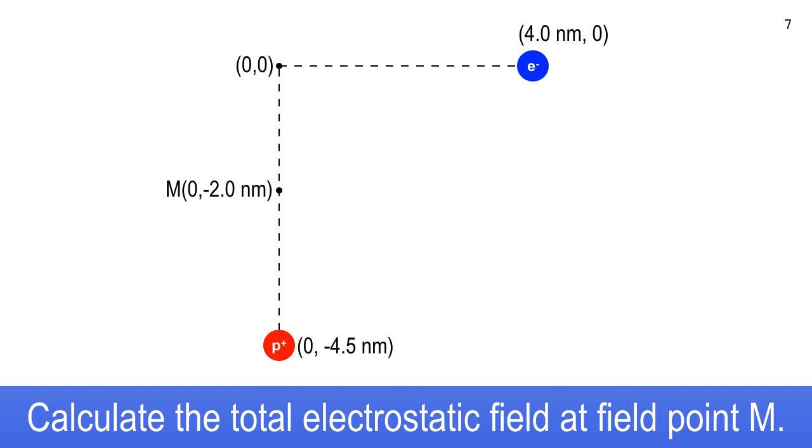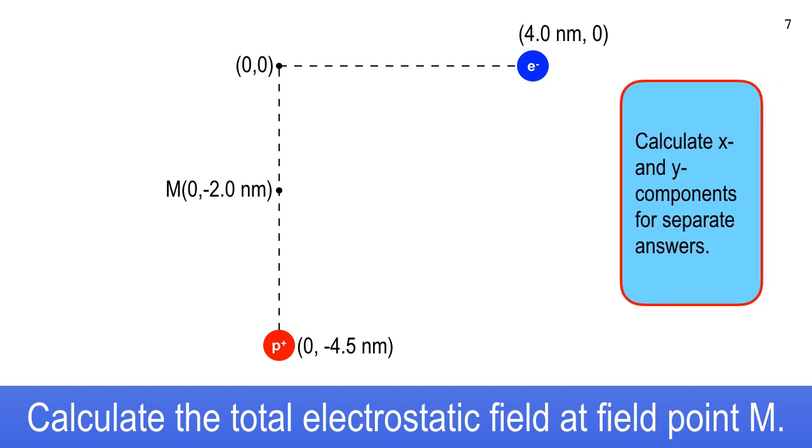Our strategy is to calculate the X and Y components, so I'm going to be asking you for two different answers. Get it to 3 significant figures, times 10 to whatever power, in newtons per coulomb, kind of like what we did on Monday.